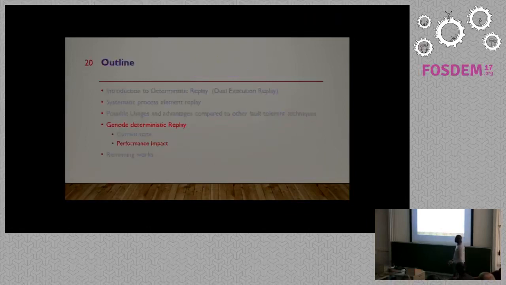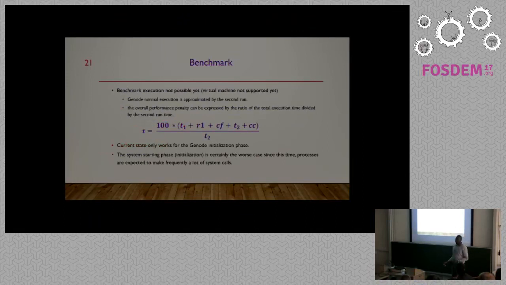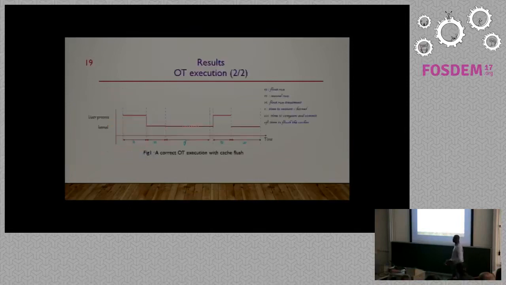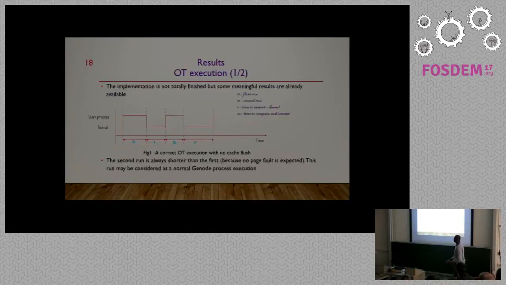About the performance impact, what we are projecting to do is to run some benchmarks after the system is fully finished. But now, because it is ongoing work, we cannot measure the performance impact with great precision. So what we do is to approximate the normal Genode execution with the second run.